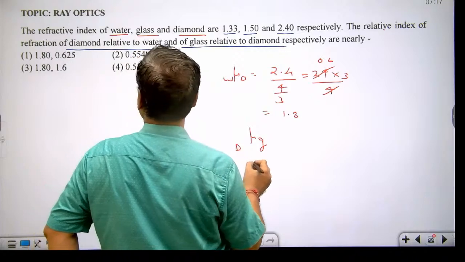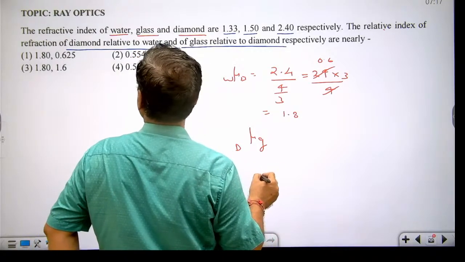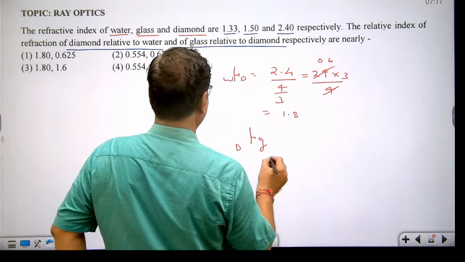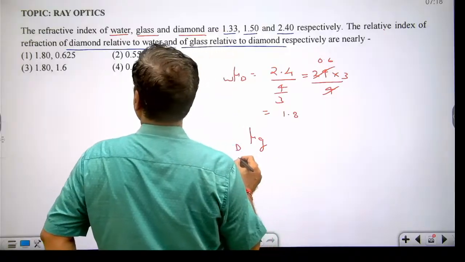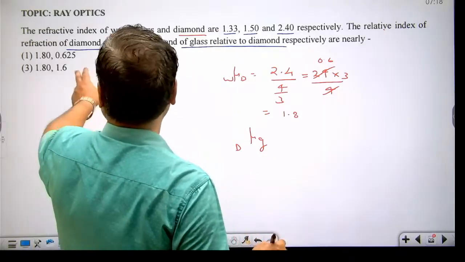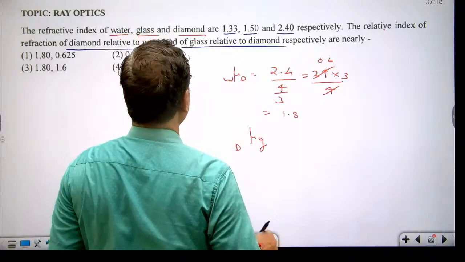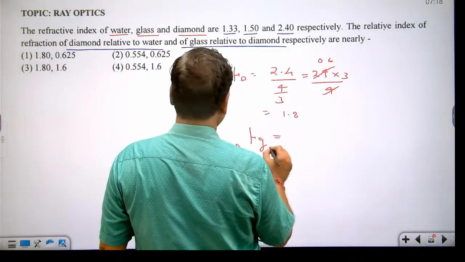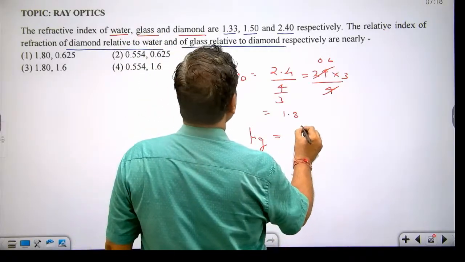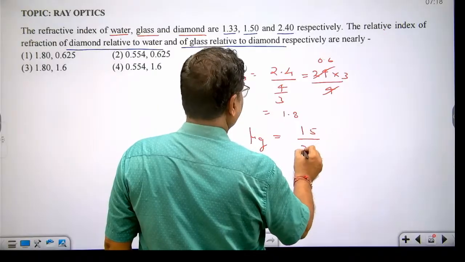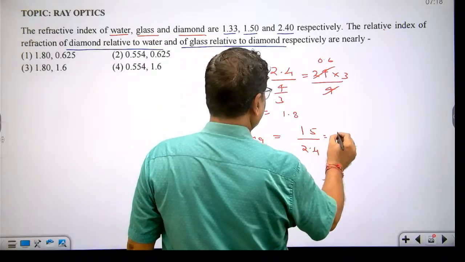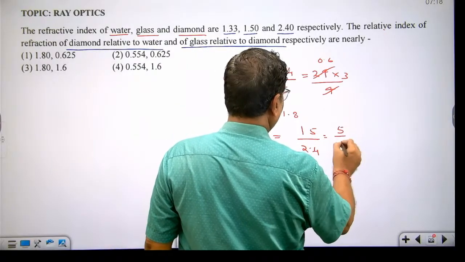relative to diamond. Refractive index of diamond relative to water and of glass relative to diamond. Glass means how much? Diamond means 2.4. So this is 5 upon 8.